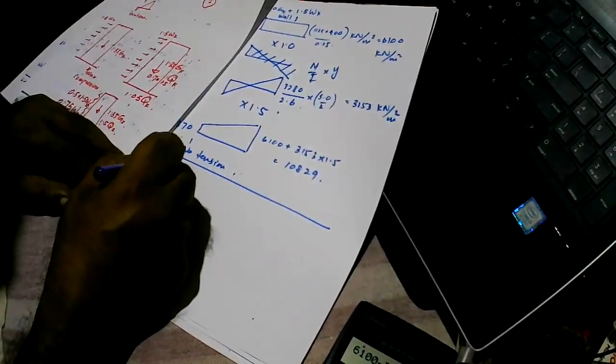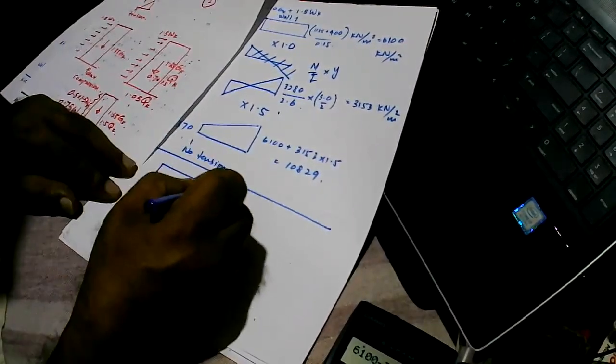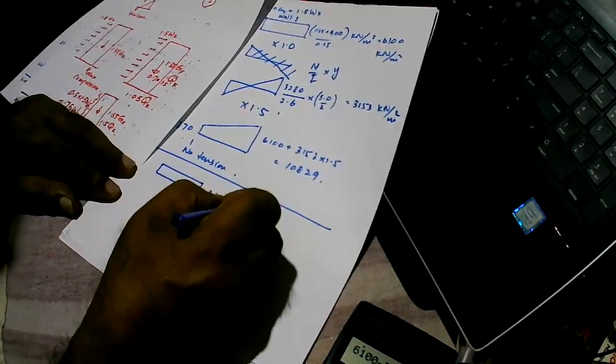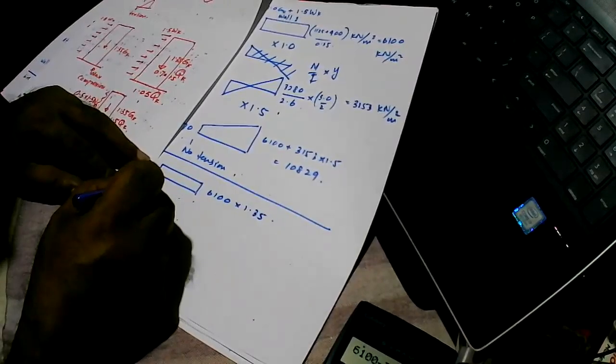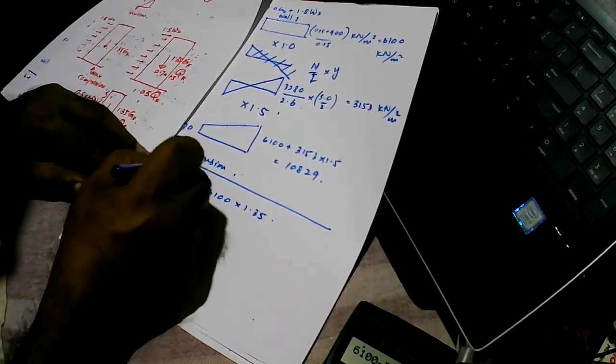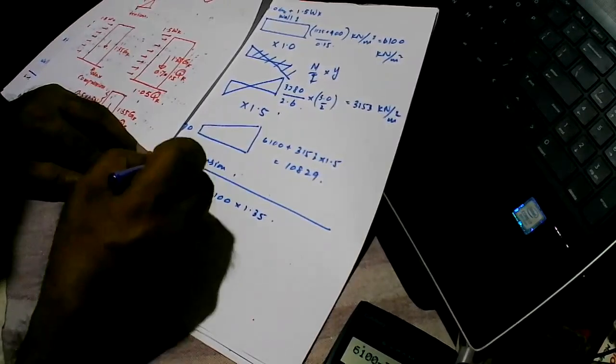So for wall 1, we get 6,100 multiplied by 1.35, due to dead and permanent.